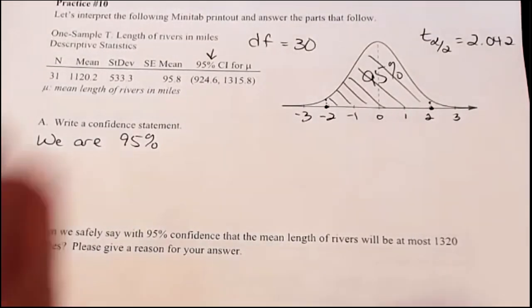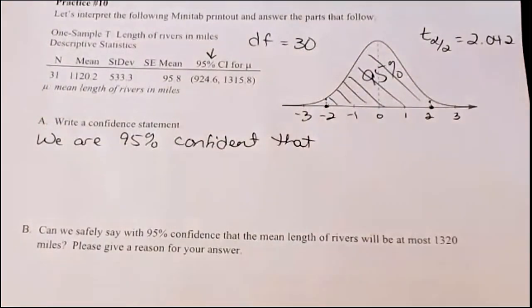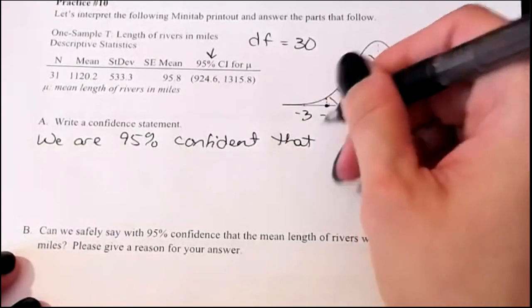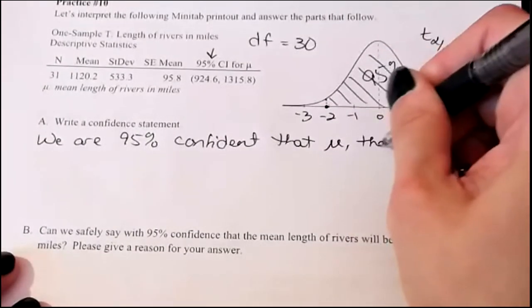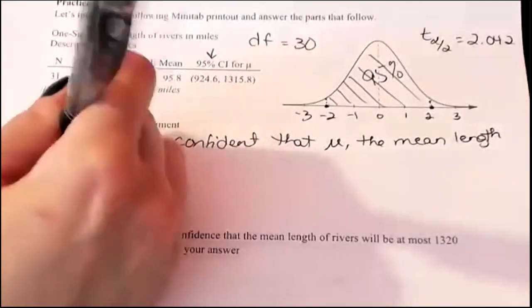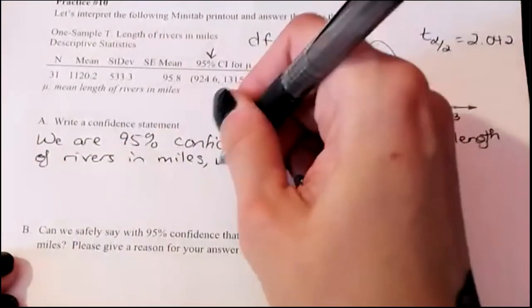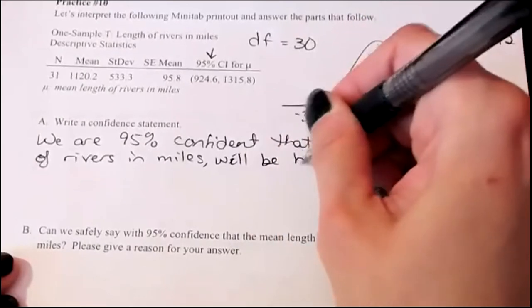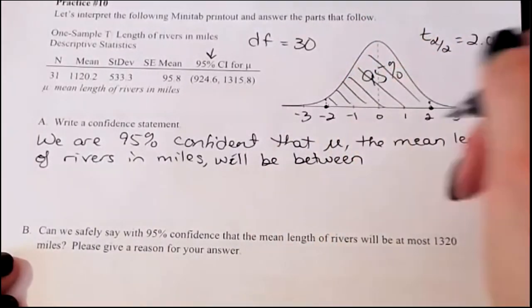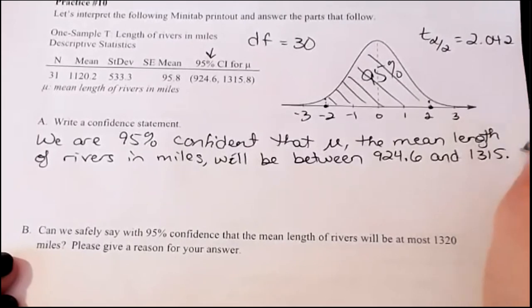Okay, so we are 95% confident that mu, the mean length of rivers in miles, will be between 924.6 and 1,315.8.